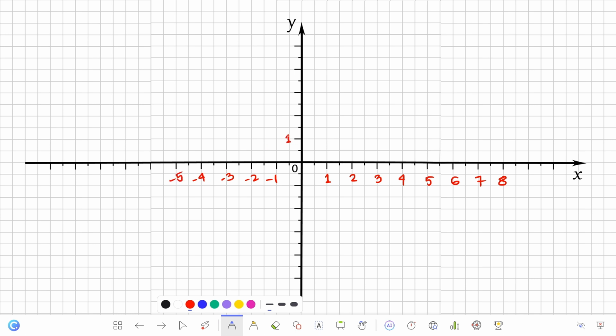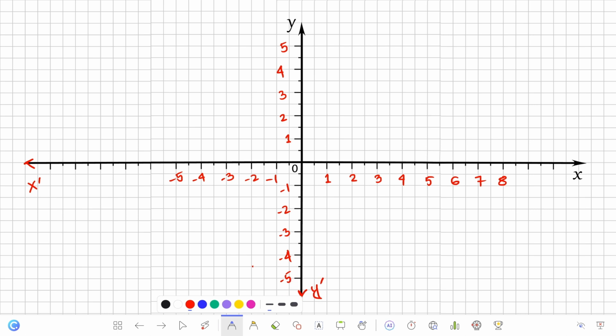And here 1, 2, 3, 4, 5, and -1, -2, -3, -4, -5. As you know that this is the x-axis, so here you need to write x, and on this side you need to write x prime. And here it is the y-axis, so this is y, and here it will be y prime. Now let us get started with our point plotting.